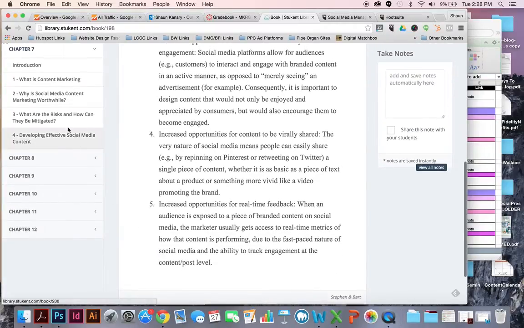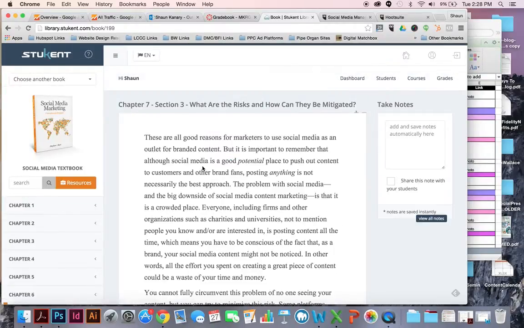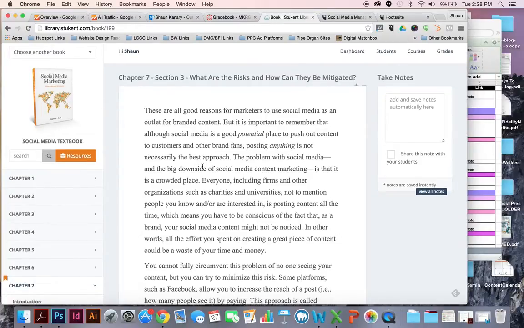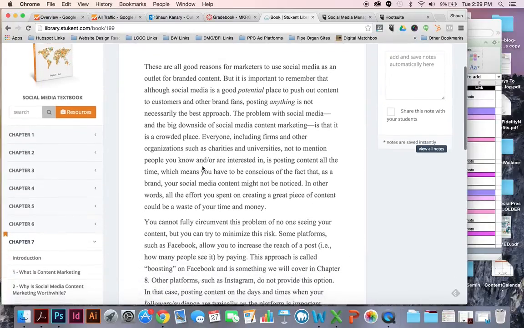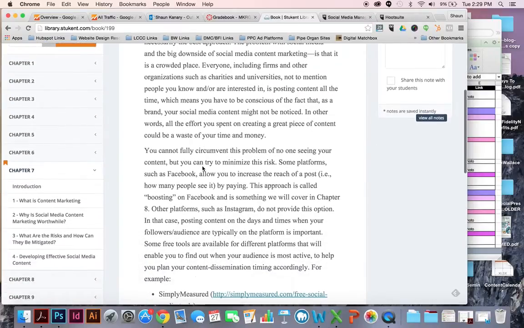In addition, there are some risks, okay? Posting everything and anything is not the best approach. You have to make sure that the content you're sharing, that you're going out and finding, matches what your consumers are looking for, their pain points, their interests, their struggles of everyday life. And you want to make sure that you don't offend and you don't talk about anything too controversial. But finding content and sharing it is very important.